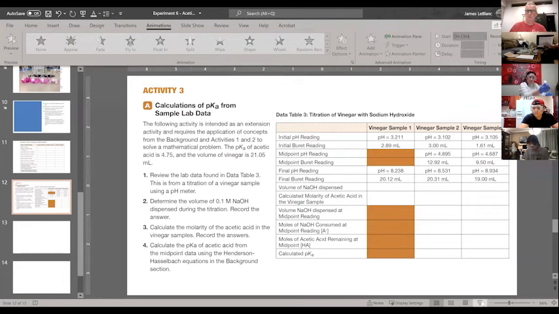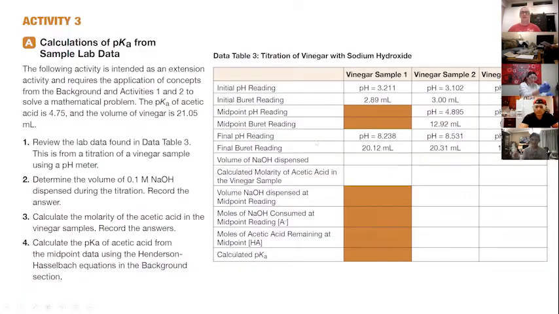Okay. So let's look and see how you do the work for this one. Remember that this isn't from your particular experiment. It's from an experiment someone else did, and you're using their numbers.